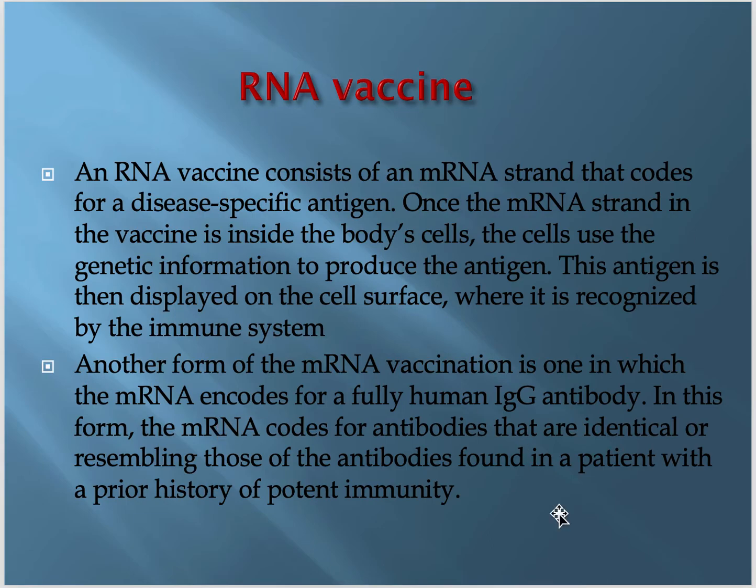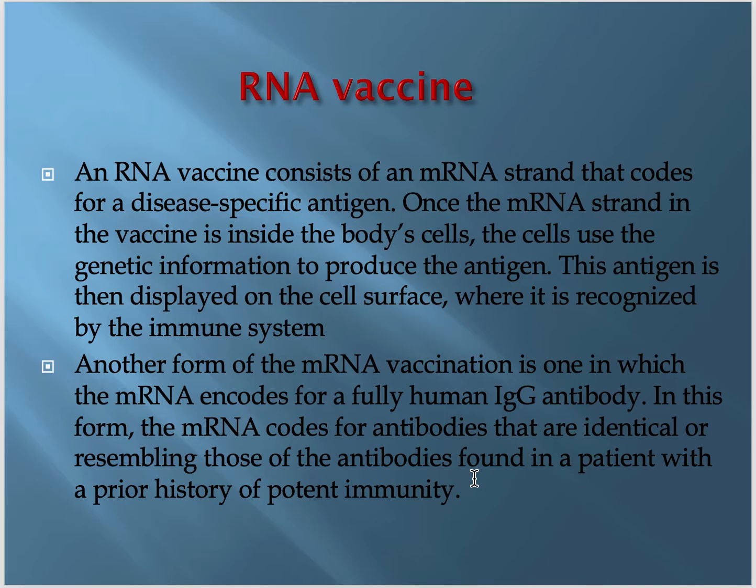In the first strategy the mRNA encodes the antigen, but there is another strategy in which the mRNA doesn't encode the antigen, rather it encodes the antibody. So in this form the messenger RNA codes for antibodies that are identical or resembling those of the antibodies found in a patient with prior history of potent immunity.